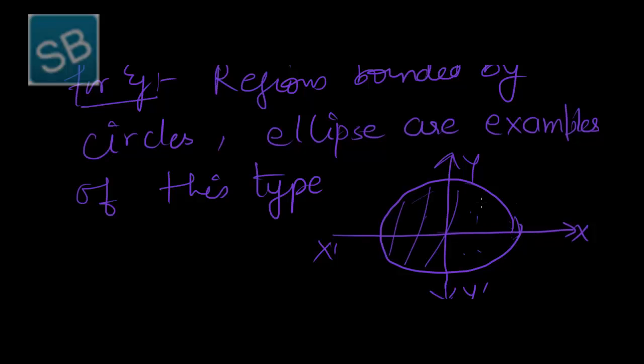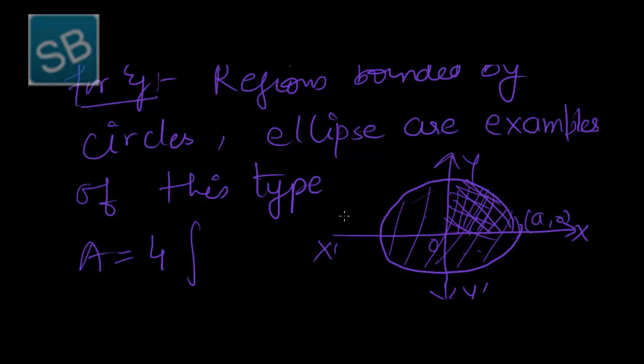We have to find the area of the whole region. So the area is equal to 4 times the area lying in the first quadrant, that is this area. So we have to find this area, as this is 0, this is a comma 0 and this is minus a comma 0. So it is 4 times the integral from 0 to a of f of x dx.